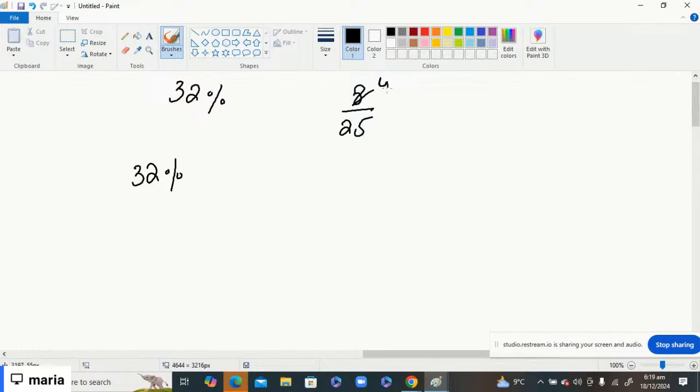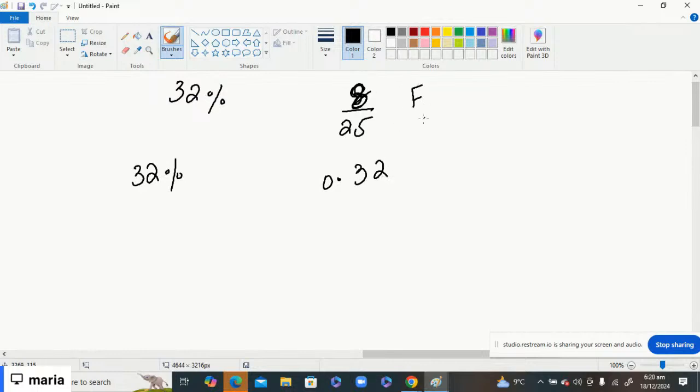So 2 times 4 is 8, not much more. Just divide it, 8 over the 25. When we divide, then we get the answer, 0.32.